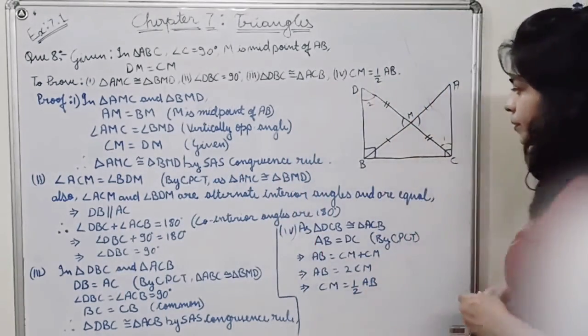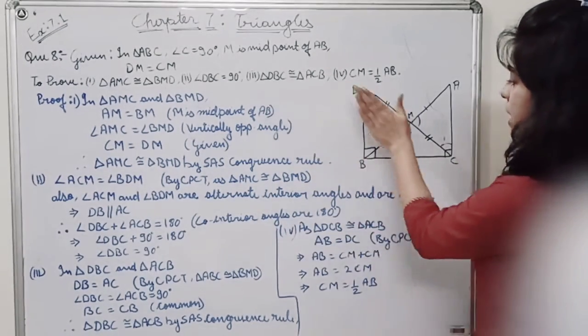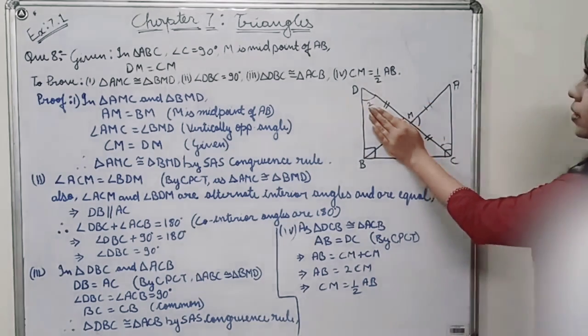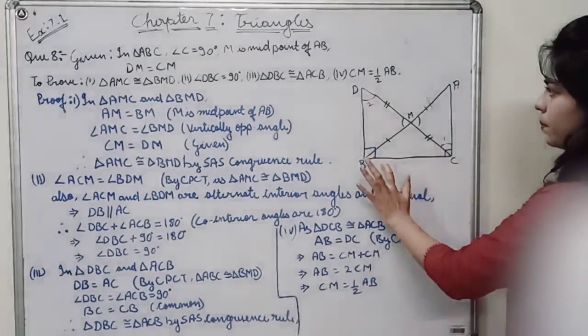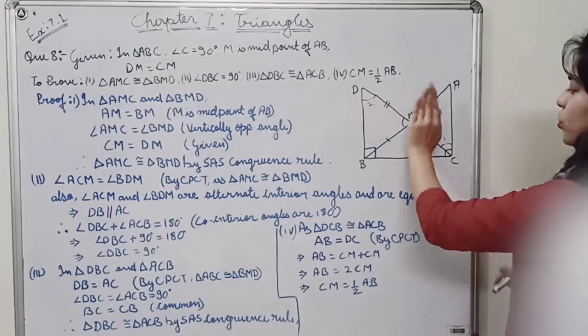Further, see what we have to prove. Third bit: triangle DBC is congruent to triangle ACB.